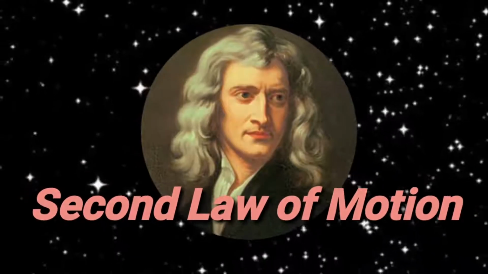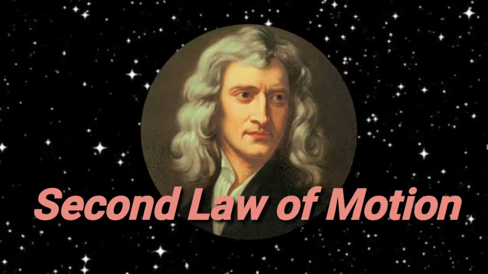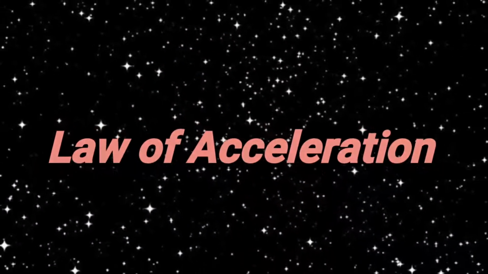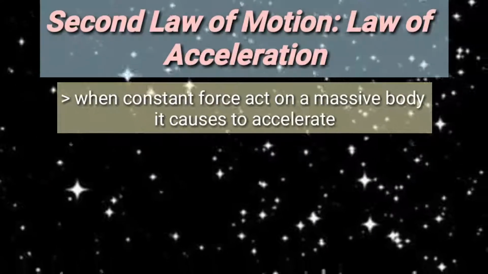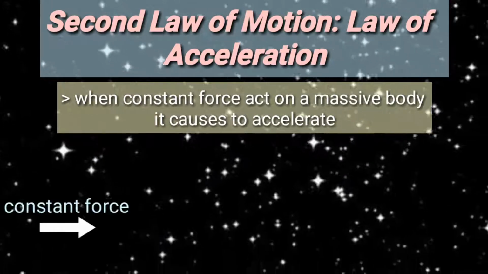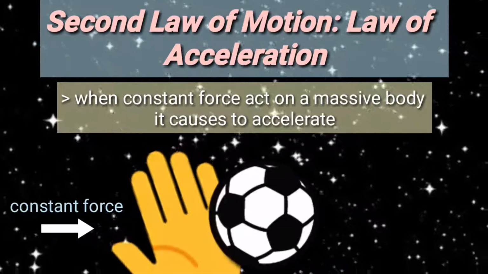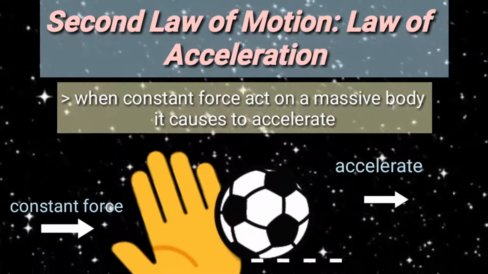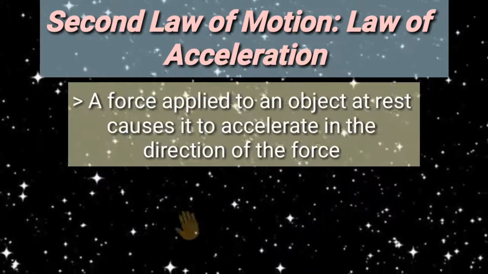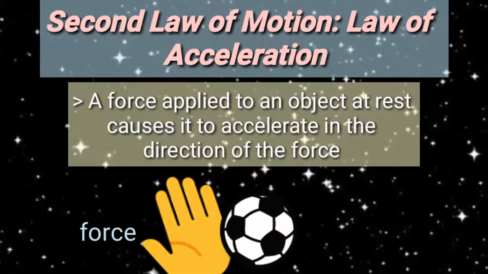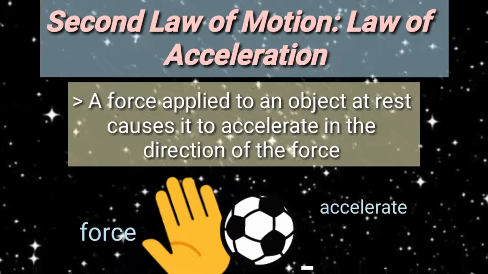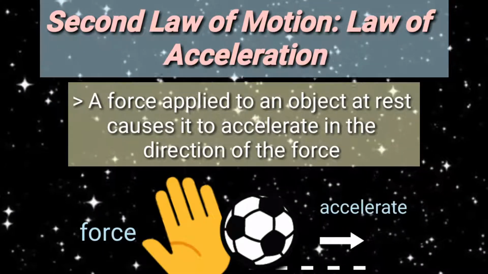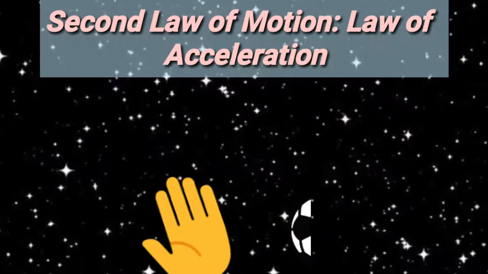The second law of motion of Isaac Newton is the law of acceleration. This law states that when a constant force acts on a massive body or object, it causes it to accelerate. Or in other words, a force applied to an object at rest causes it to accelerate in the direction of the force.